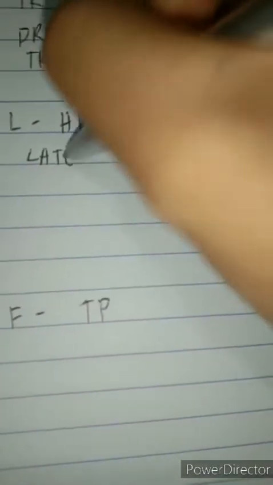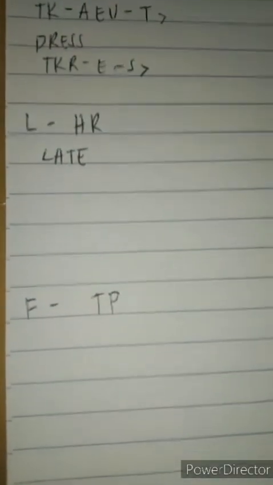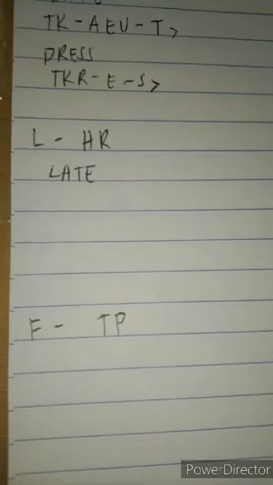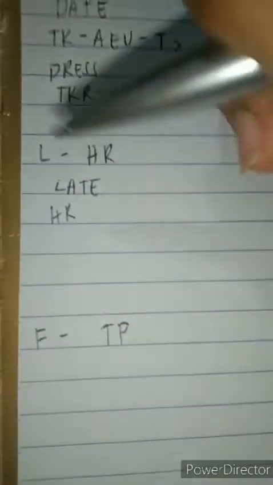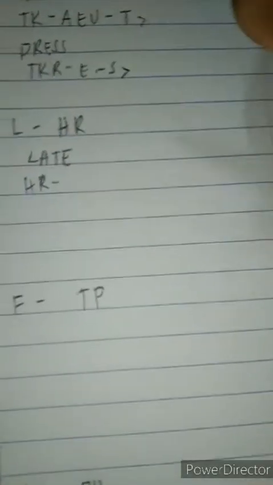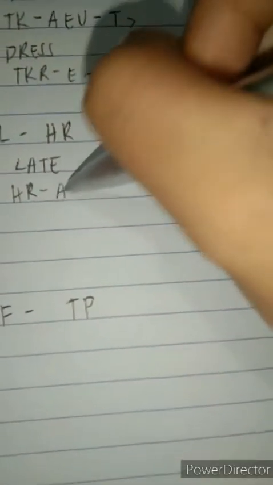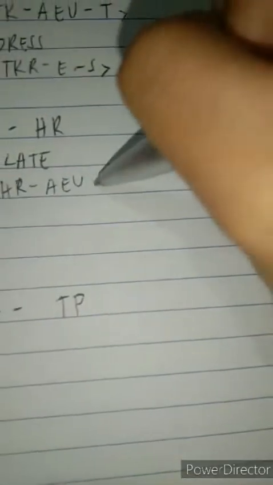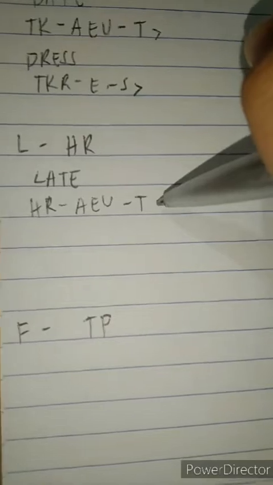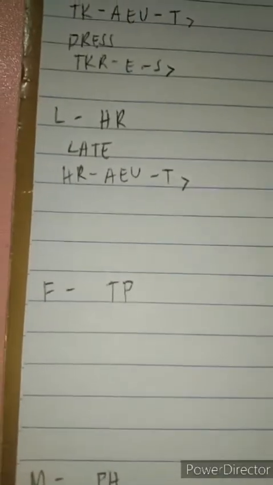So, example, the word late. So, this is how we write the letter L. HR, and then long A again, A, E, U, and then T. Ending sound T. And then release.